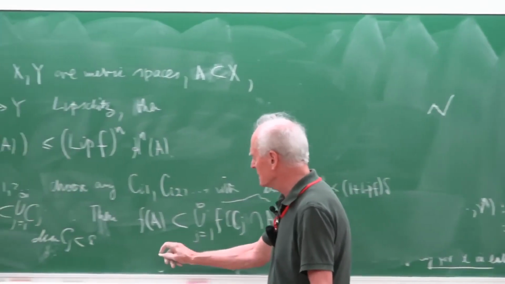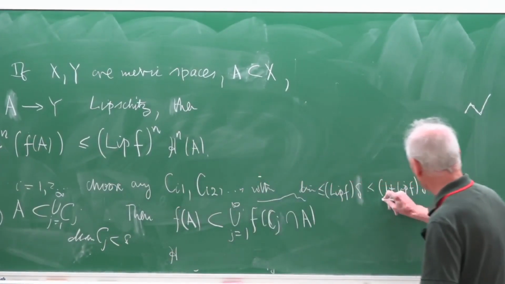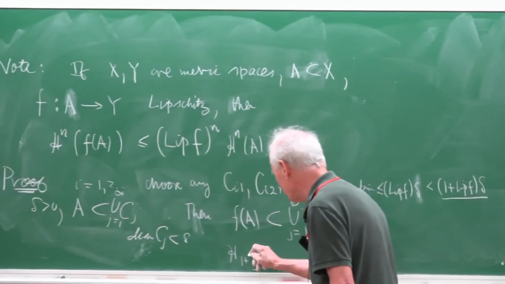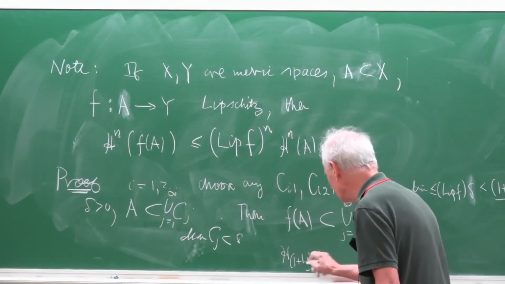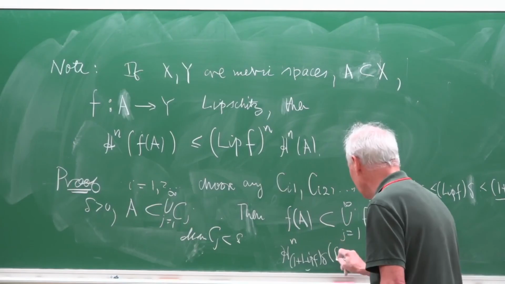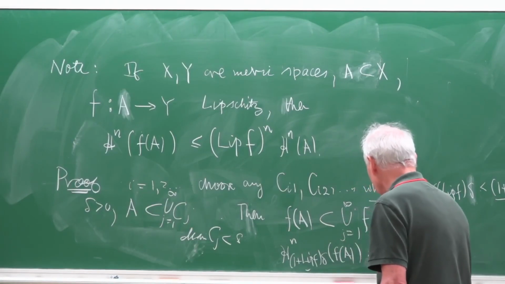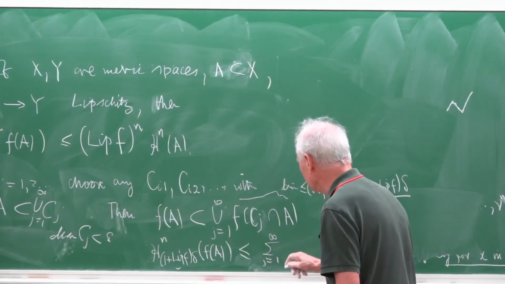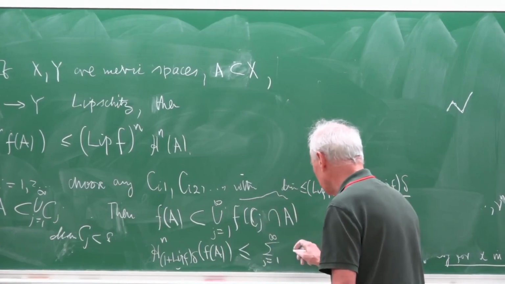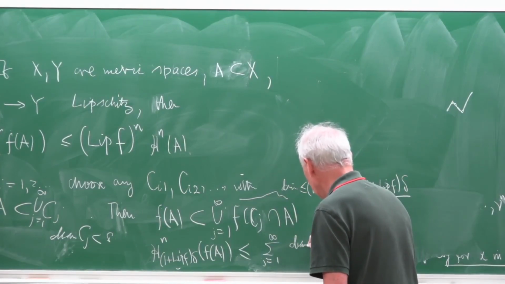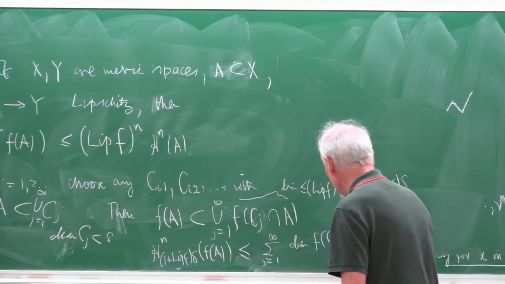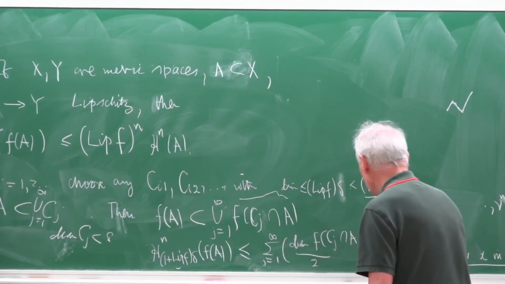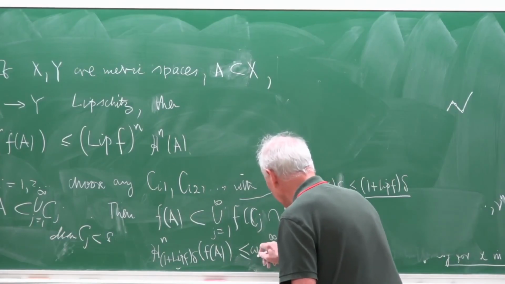So that means the size (1 plus Lip F) times delta approximation to the measure of the image set is less than or equal to the sum over j equals 1 to infinity of the diameter of F(C_j) intersect A over 2, to the n, and we've got to remember to put in the normalizing factor omega_n.